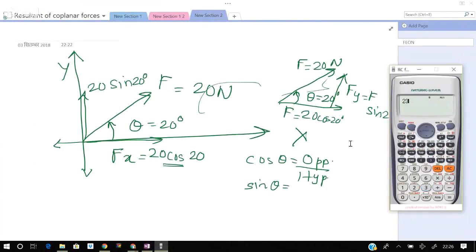So over here 23 into 45, that is 1035. So now we'll use this to study few modes over here.